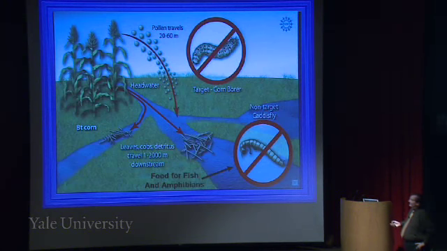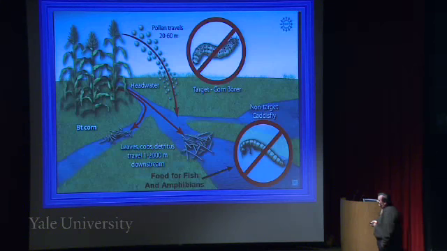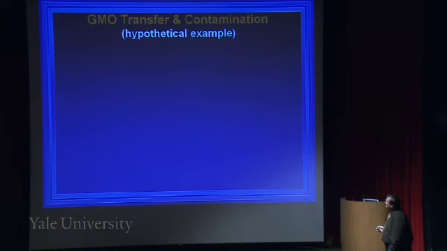So it kills not only the thing it's intended to kill, but other things as well. This is a common food for fish and amphibians in these streams. And so you can see how the whole ecosystem can get affected by something like this. And so when one talks about the costs and the benefits of genetically modified foods, this is the sort of thing that has to be factored into the picture.